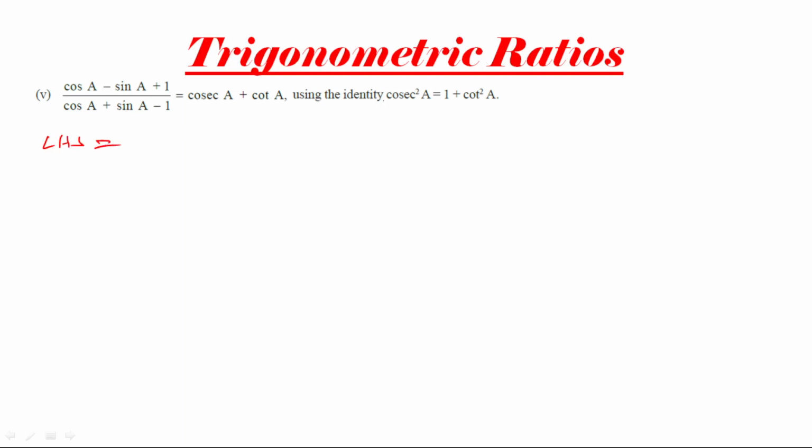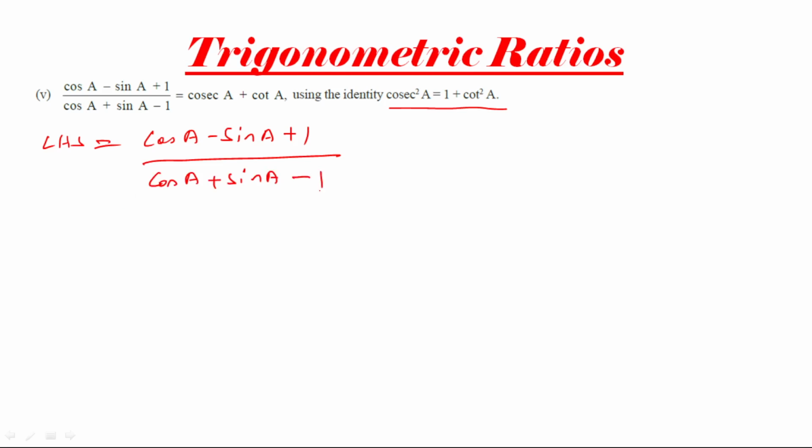Even we are given a hint also, using the identity. Okay. So cos A minus sin A plus 1 and cos A plus sin A minus 1.